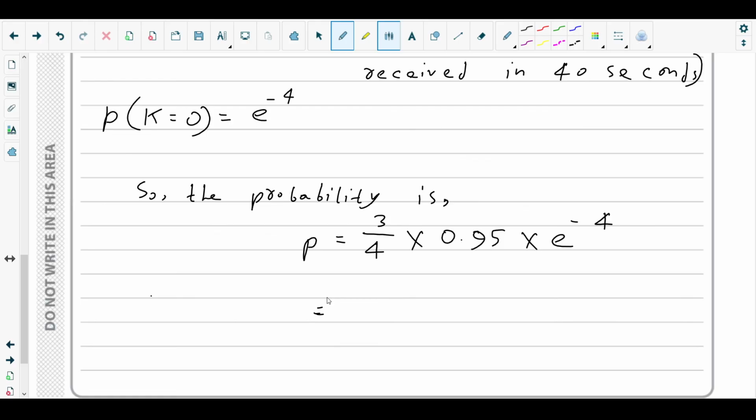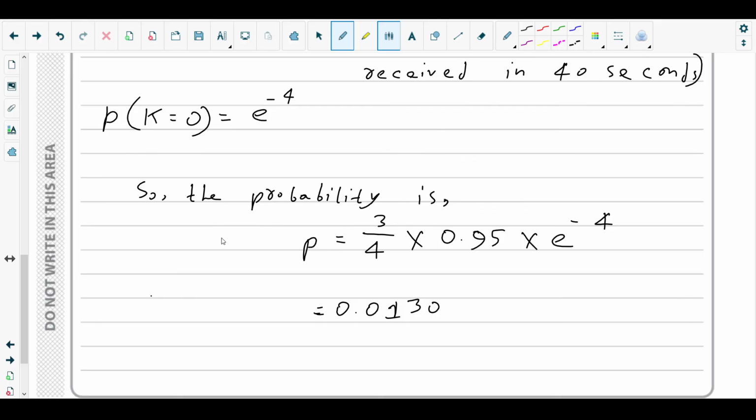So that is 0.75 times 0.95 times e to the power minus 4. The value is 0.0130. This is the required probability.